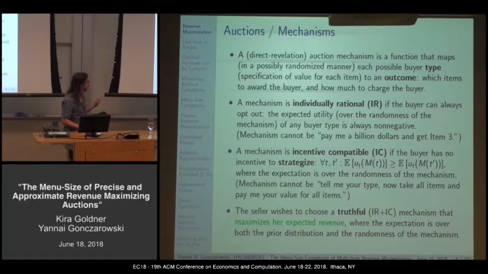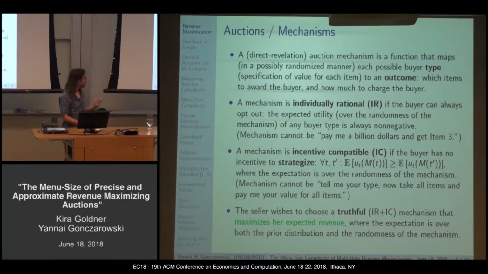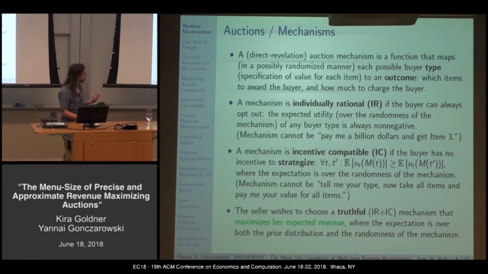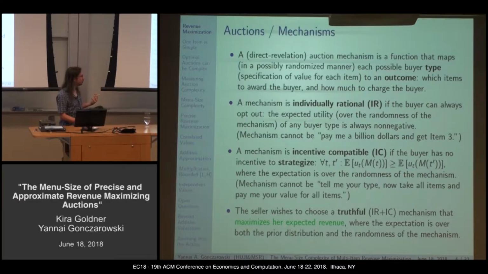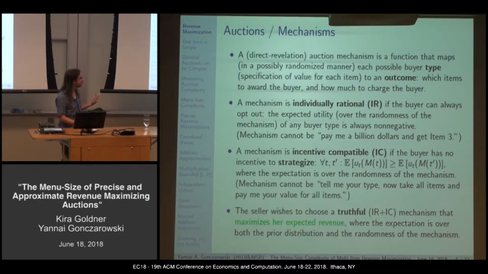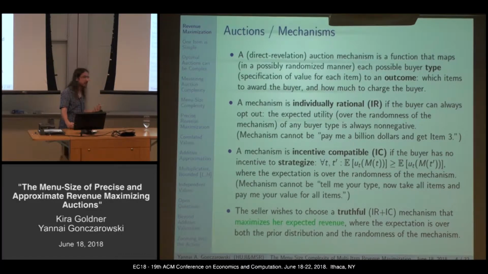So our goal as the seller, we're going to take the side of the seller in this tutorial, is to choose an individually rational and incentive compatible mechanism that maximizes the expected revenue of the seller. This is the part where I told you that the seller is also risk neutral. She only cares about expectations, where the expectation is over both the prior distribution and the randomization of the mechanism.